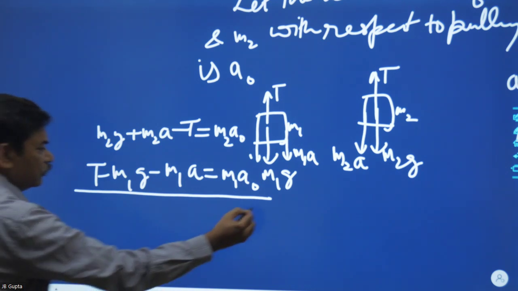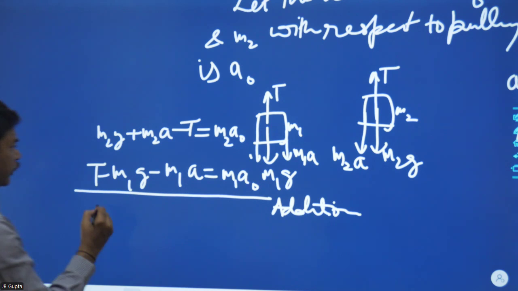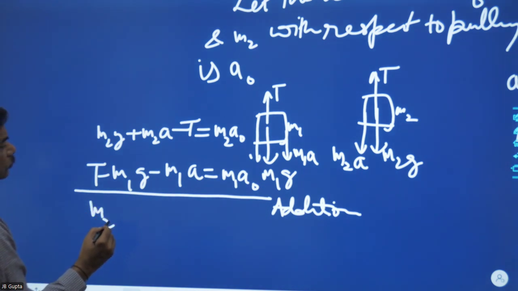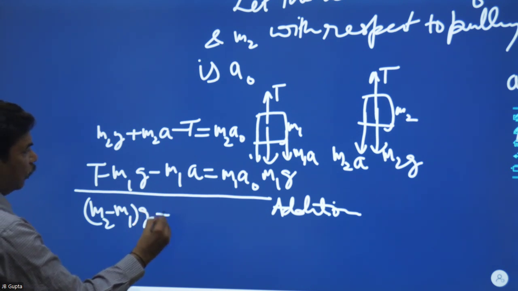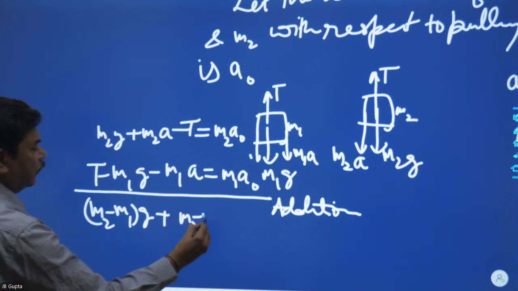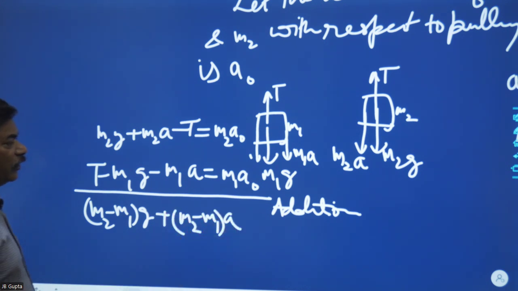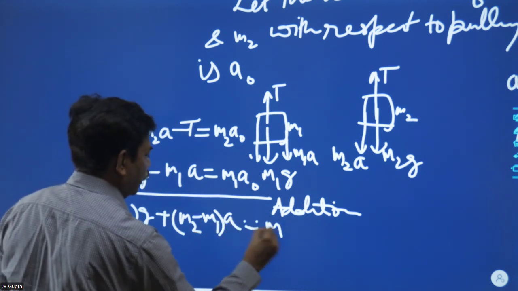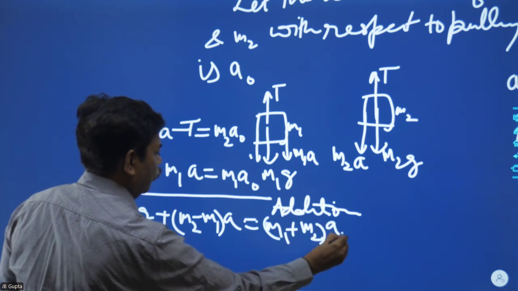अब उसमें से T कैंसिल करते हैं. पहले दोनों को ऐड किया तो upon addition we get M2G minus M1G plus (M2 minus M1) into A equals (M1 plus M2) into A0.